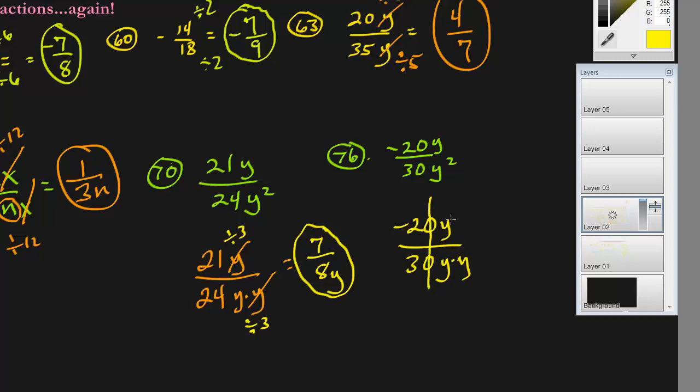If you didn't know that, that's pretty darn awesome. These y's will cancel, 1y on top, 1y on the bottom, and my final answer will be -2 over 3y. -2 over 3y. That's it. This kind of practice, simplifying fractional expressions. Have a good one.